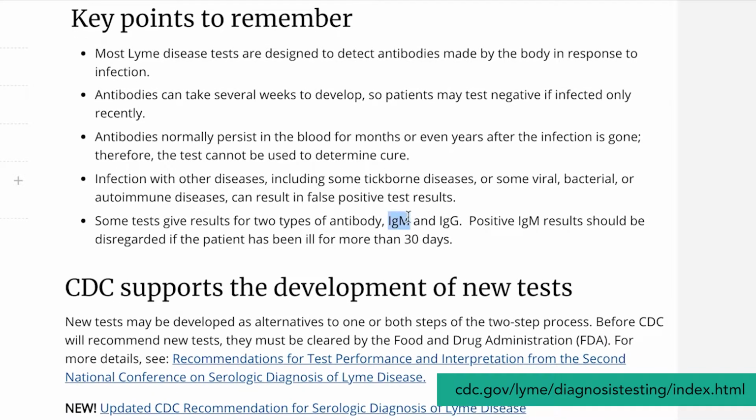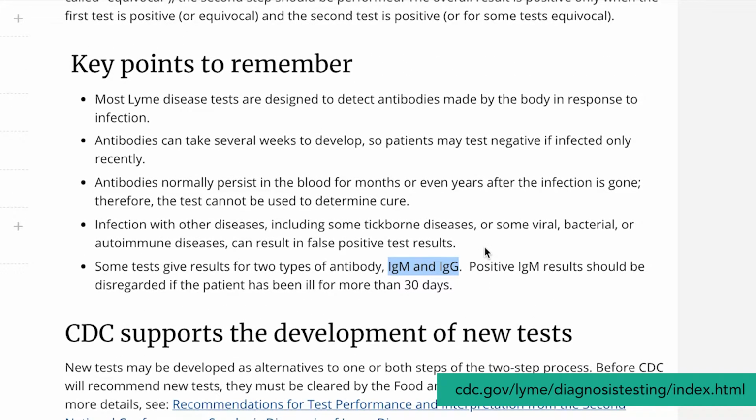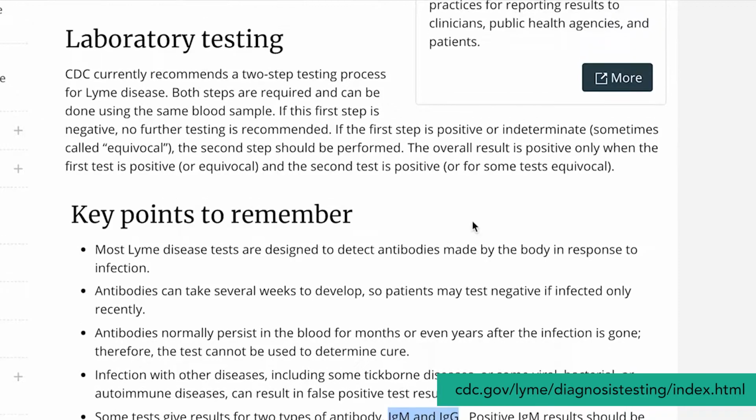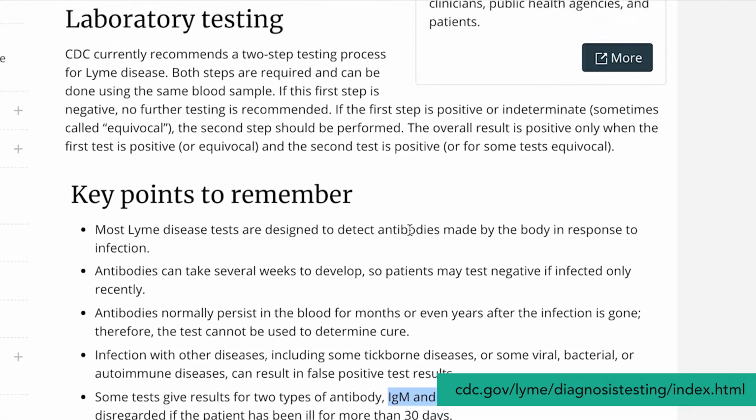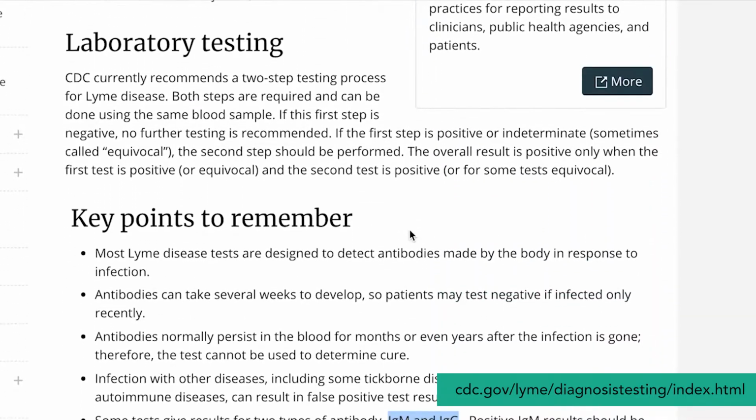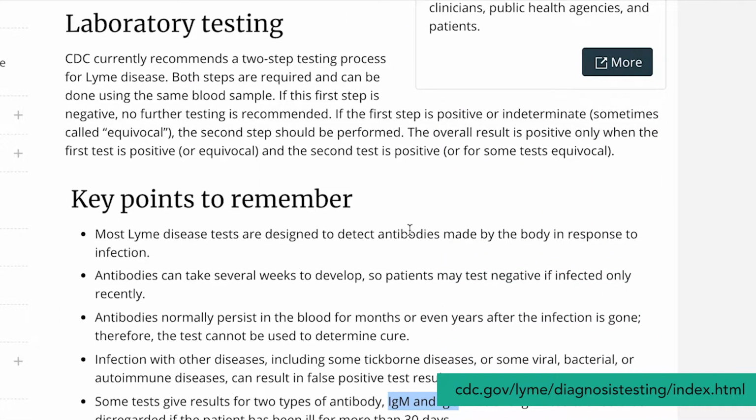Basically, they're just measuring the amount of IgM and IgG antibodies in the body and then determining whether or not you have Lyme disease based on that. So it is completely inaccurate. And some of the data that I've read says that it's about 50% accurate. That means it's just like the flip of a coin, whether or not you have Lyme disease based on these testing procedures.